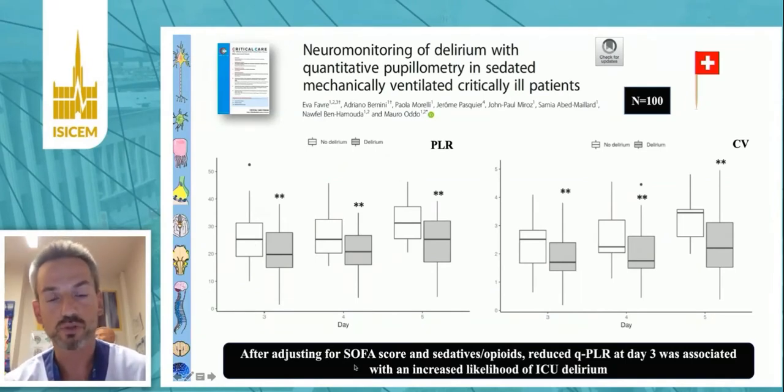After adjustment for SOFA and the use of sedatives and opioids, the authors show that a reduced quantitative pupillary light reflex at day 3 was associated with an increased likelihood of ICU delirium. So this tool could be very interesting to identify patients undergoing mechanical ventilation, who receive very few monitoring tools, as being at risk of delirium thereafter.